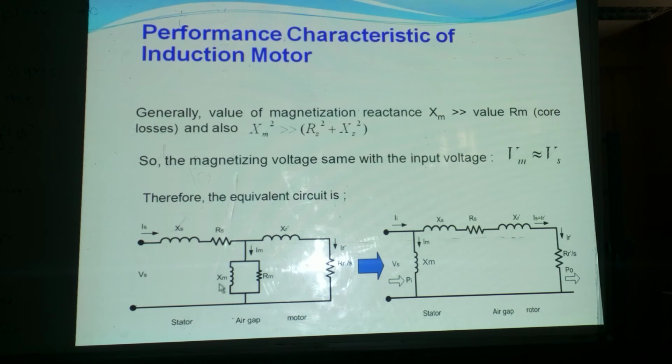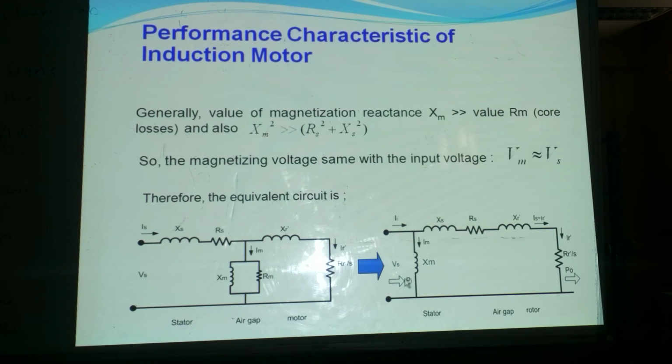So this shunt branch, we can bring forward here by neglecting Rm. Rm is very low compared to Xm, so we can neglect it. So only Xm will appear here. We can bring it to the front to make the calculations simpler.